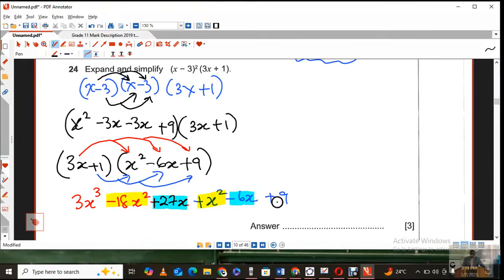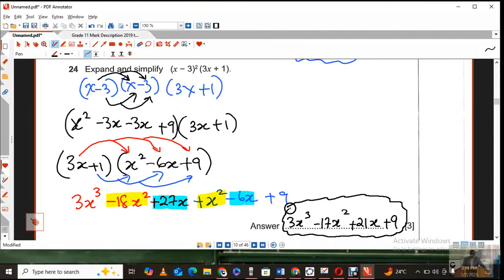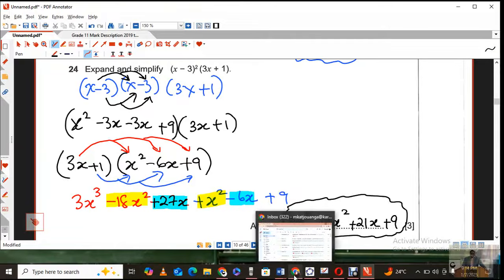The final one would be 3x cubed minus 17x squared plus 21x plus 9. Of course, the minus 17x squared comes from minus 18x squared plus 1x squared, and 21x comes from 27x take away 6x. There's nothing you can do with the 3x cubed and the plus 9. So that is the final answer.